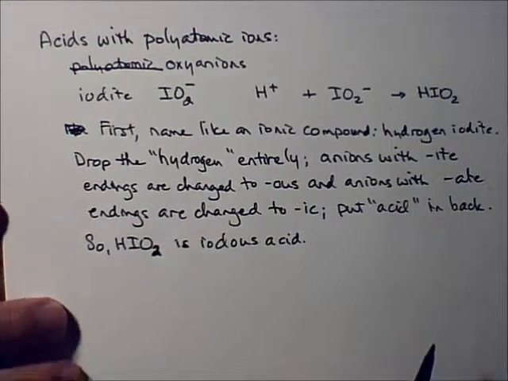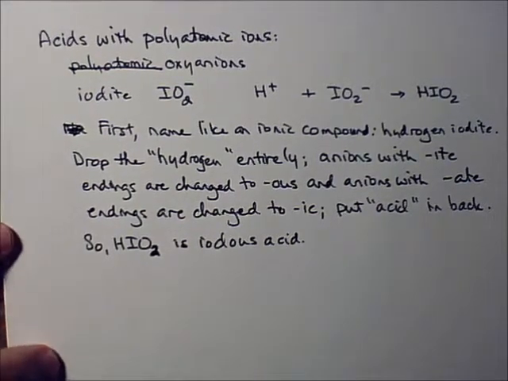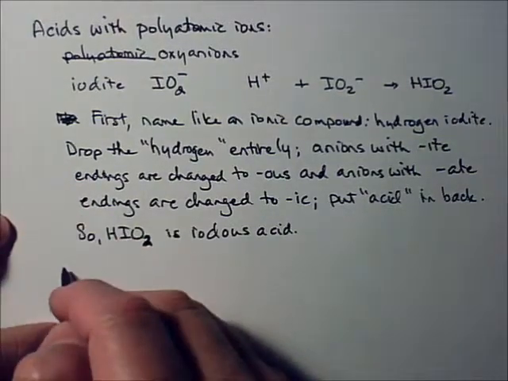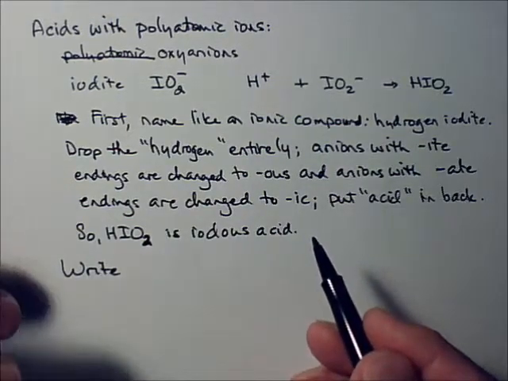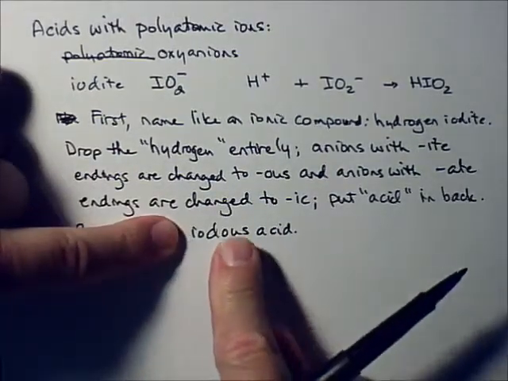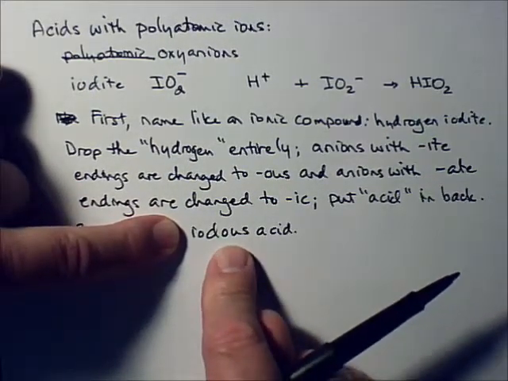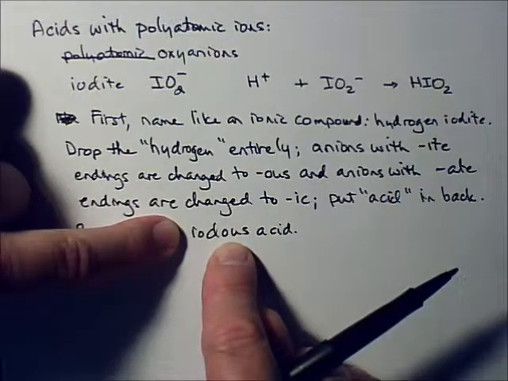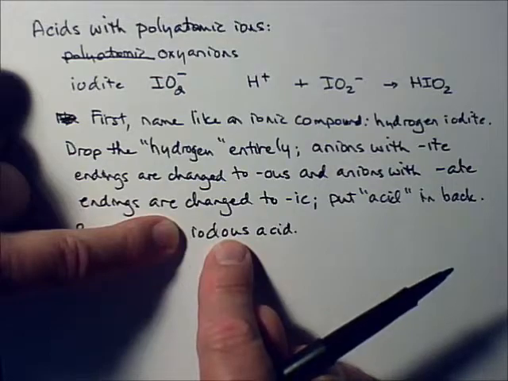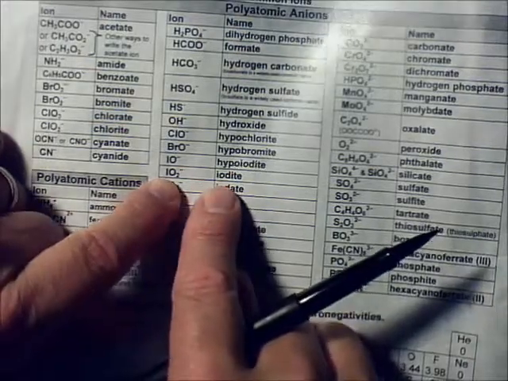That makes sense? Alright, now we're going to practice. And to undo it, you just undo it. If I have OUS or IC endings, that's a polyatomic ion. If it's OUS, I look for an ITE ending polyatomic anion, an oxyanion. So I look on the list of common ions until I find iodite.